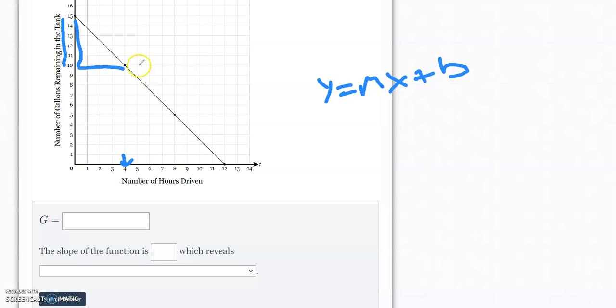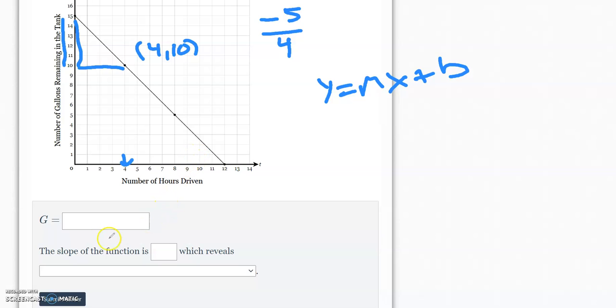There's only one dot I can trust right there, and that dot is technically at 4,10, but looking at the slope, it looks like the rule is we're coming down 5 gallons of gasoline for every 4 hours on this trip. That is how we're using rise over run again. So coming down 5 over 4, down 5 over 4.